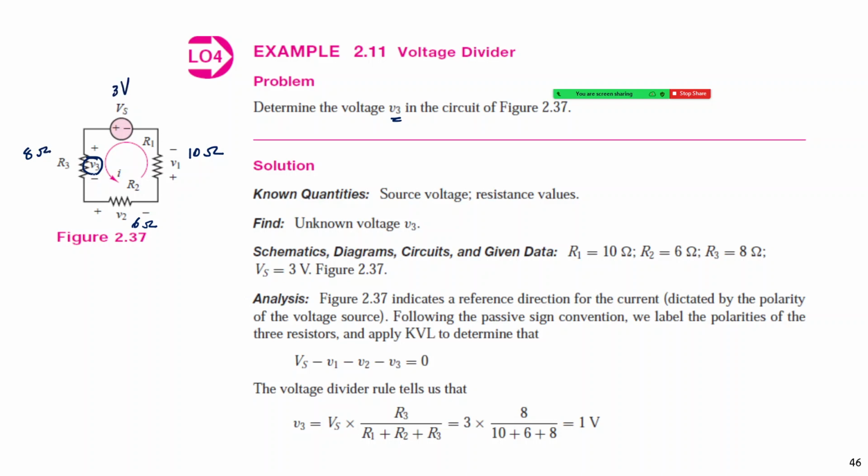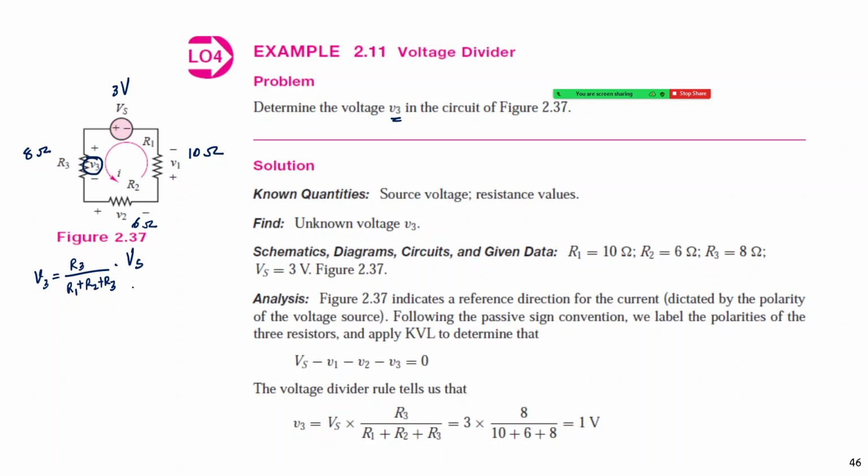It's very easy to compute V3 in this case, because V3 is equal to R3 over R1 plus R2 plus R3 into Vs, right?